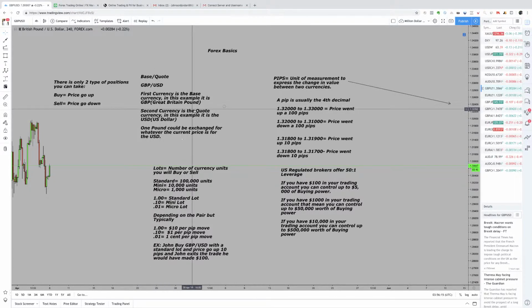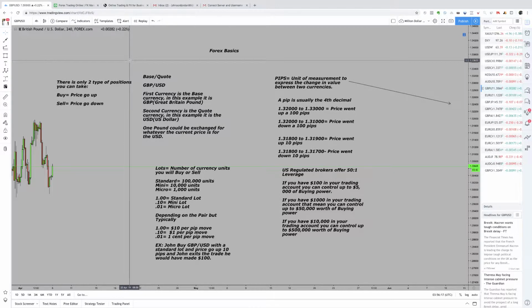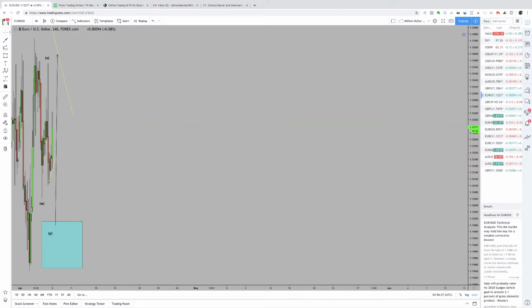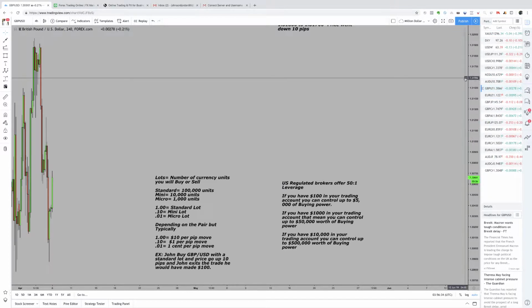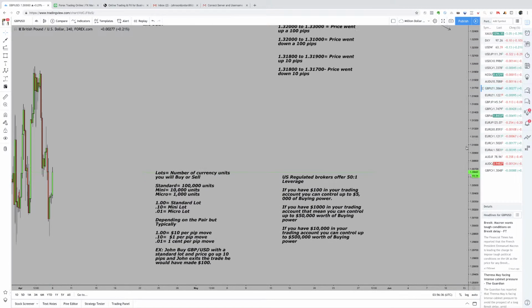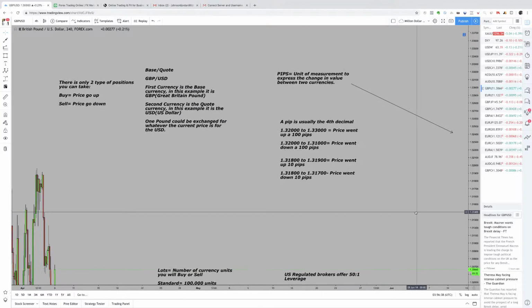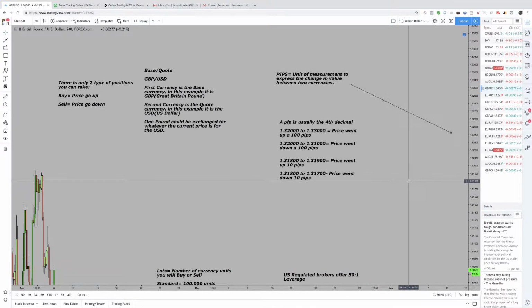The second currency is always going to be your quote pair. So the US dollar is going to be your quote pair. For example, if we're looking at the euro versus the US dollar, the euro is your base pair and the dollar is your quote pair. So just remember that very simple stuff, you all, base versus quote.